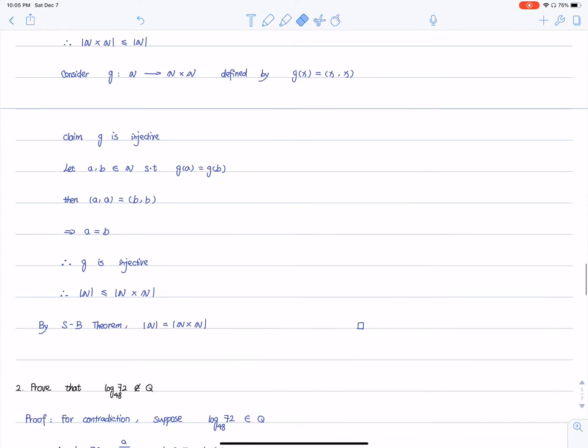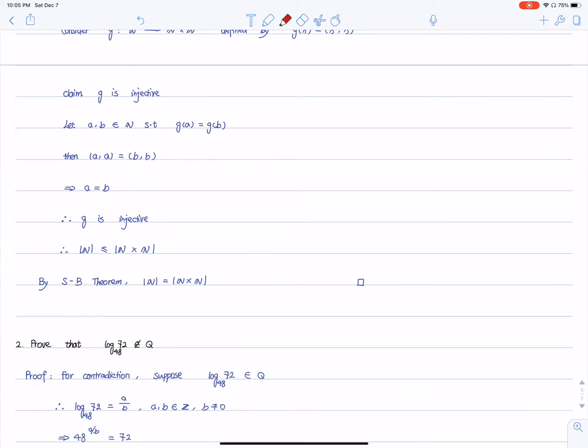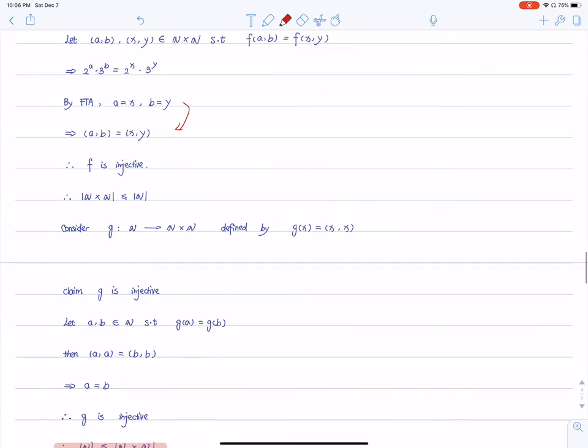Although I proved it here, the proof should be really simple, so I'm not going to go over it. So since g is injective, we know this is true. And then we can use our favorite Schroeder-Bernstein theorem, the SB theorem, and we know that this is true. This is the formal proof of this.